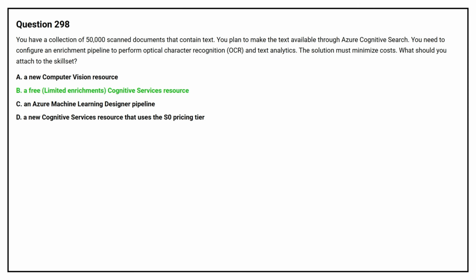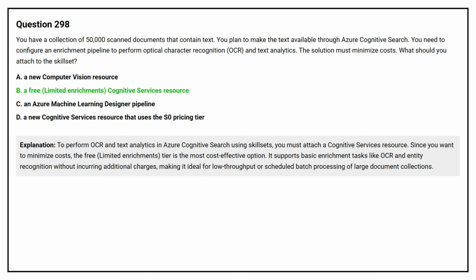The correct answer is option B, a free limited enrichments cognitive services resource. To perform OCR and text analytics in Azure Cognitive Search using skill sets, you must attach a cognitive service resource.